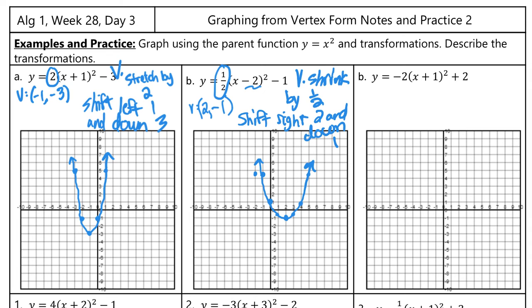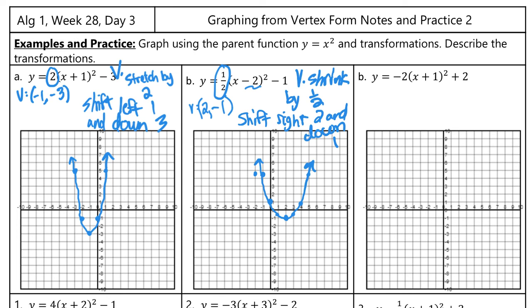Okay, this last one has a -2 in front. So you, I guess, could say that you're stretching it by a -2, but that doesn't actually really make sense to say that we're stretching by -2. What we're doing is we're stretching by 2, but the negative is telling us that we have a reflection.